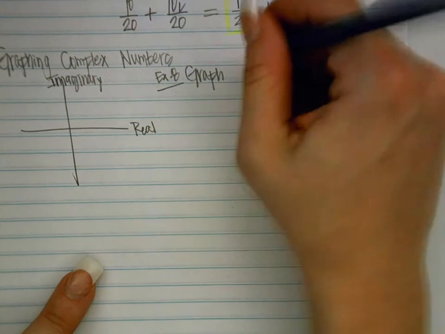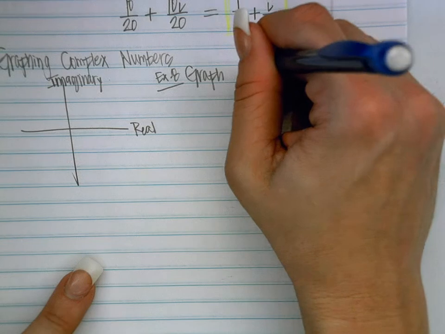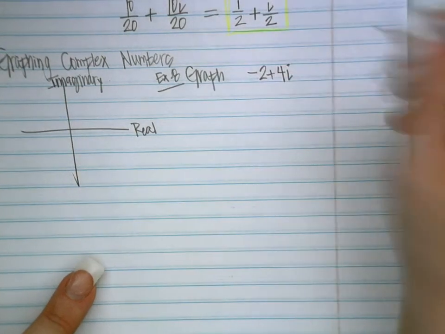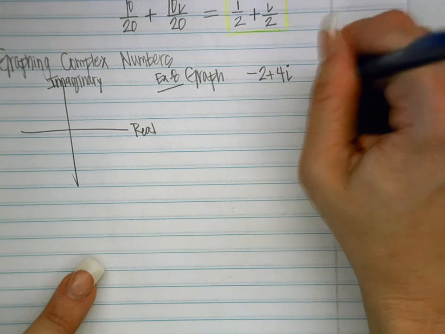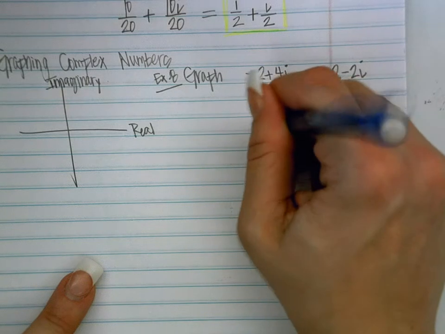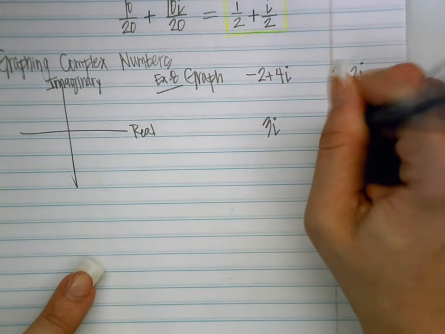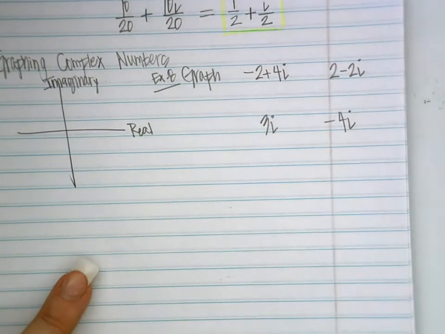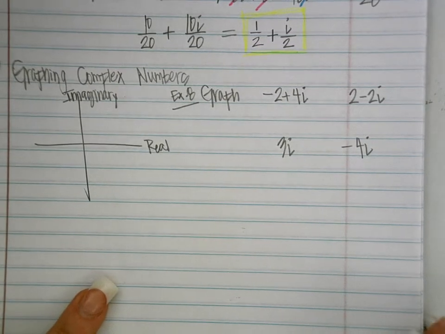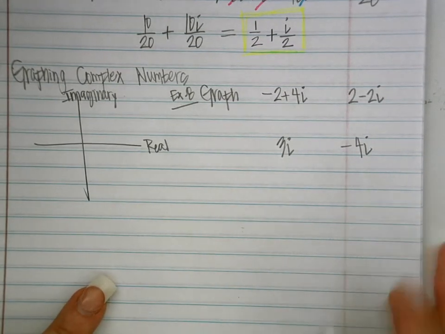Okay, let's graph -2 plus 4i, as well as 2 minus 2i. And let's do 3i and -4i. So -2 plus 4i, 2 minus 2i, and positive 3i and -4i.